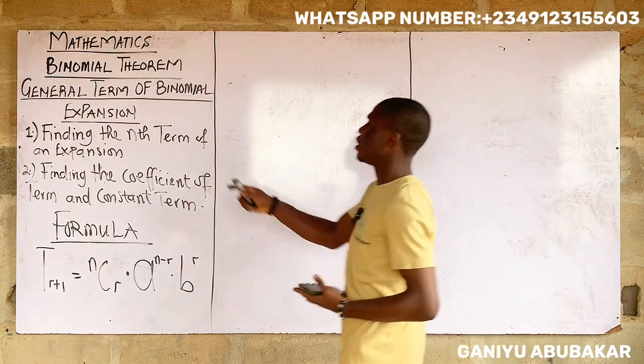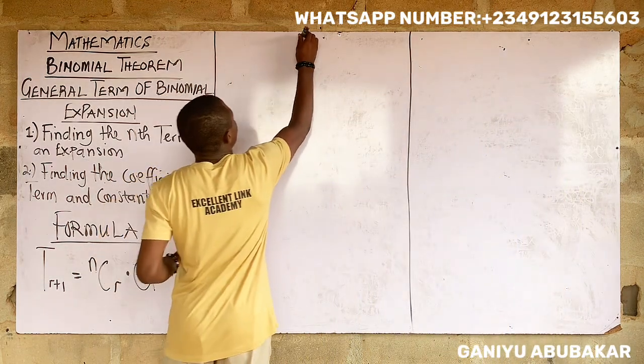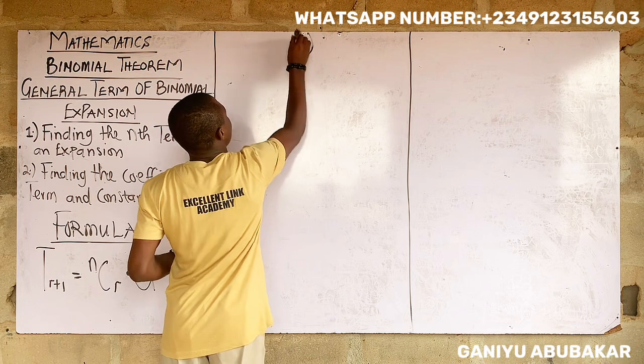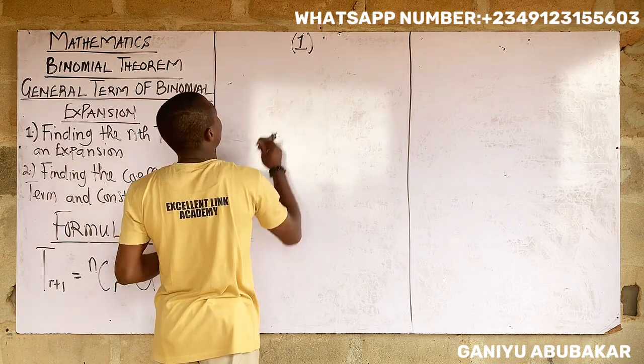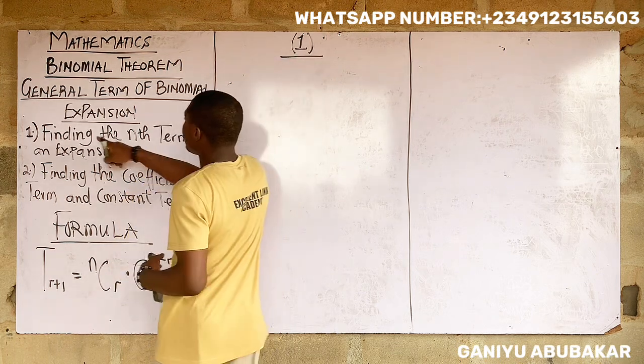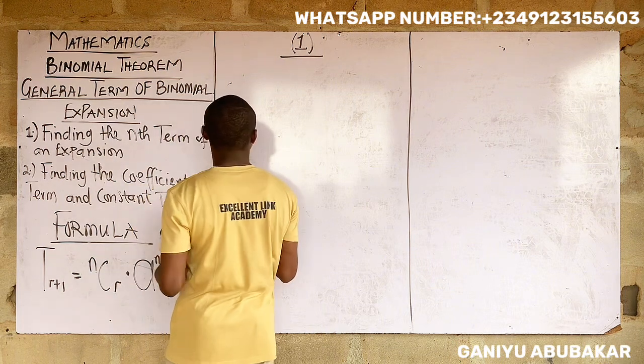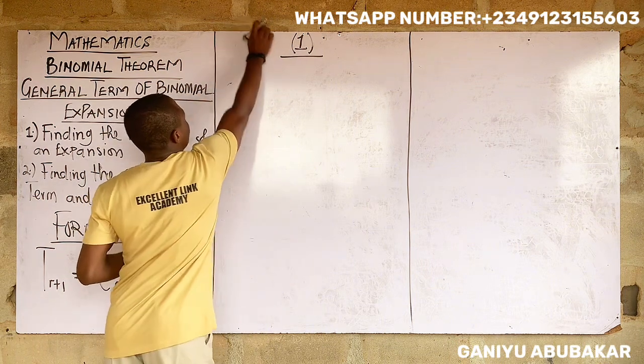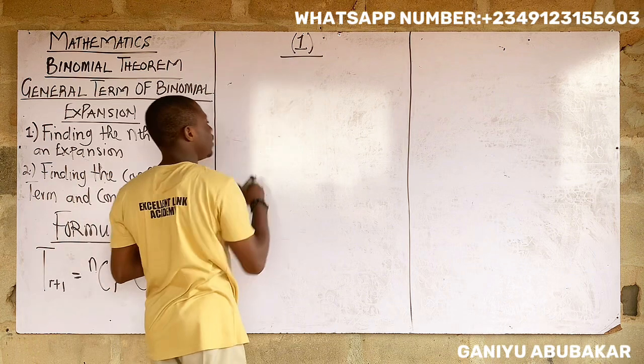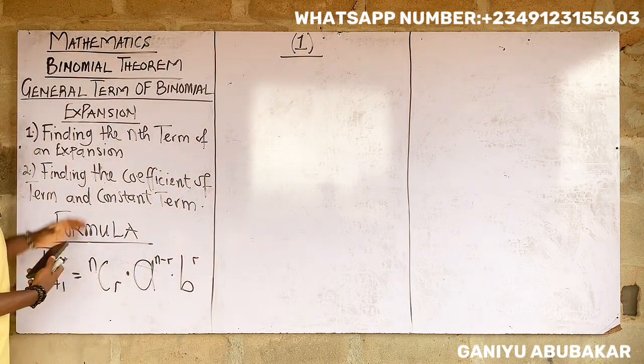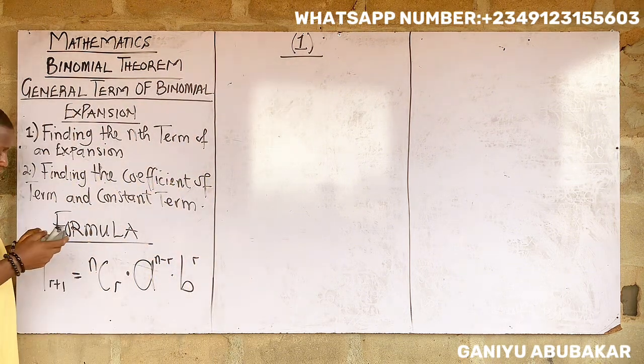Let's start with number one. For number one, we are to find the nth term of an expansion. Let's take an example to further explain this concept.